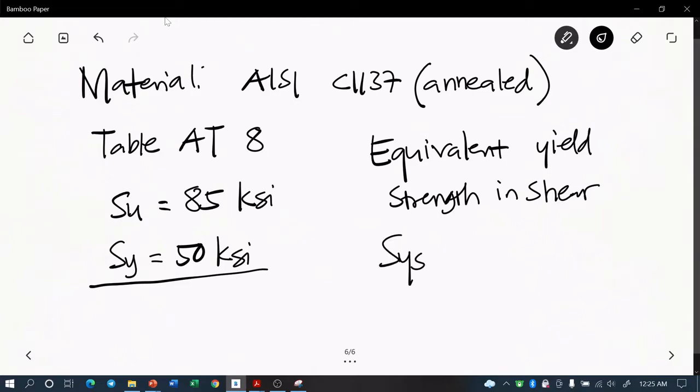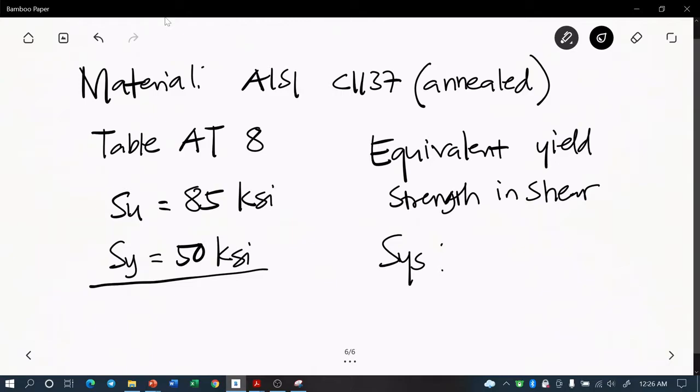This is called the equivalent yield strength in shear. Because the yield strength given in table 8-8 is mostly applied when the material is subjected to tensile strength, and being subjected to tensile strength is different from being subjected to shear strength, we are going to compute for the equivalent yield strength in shear.